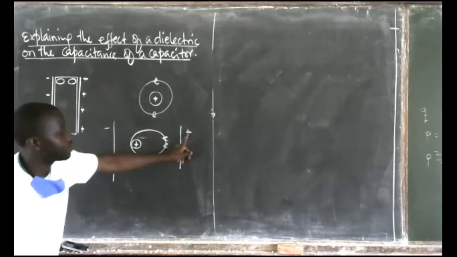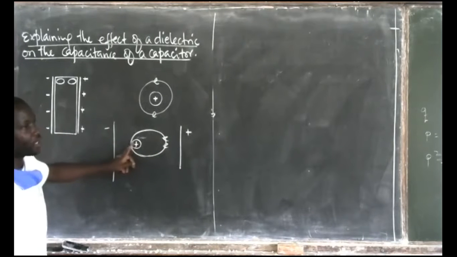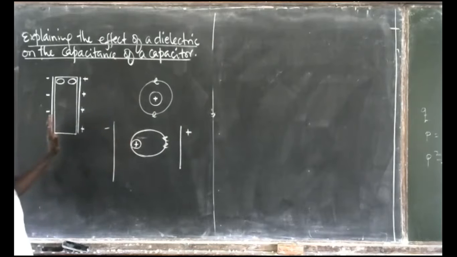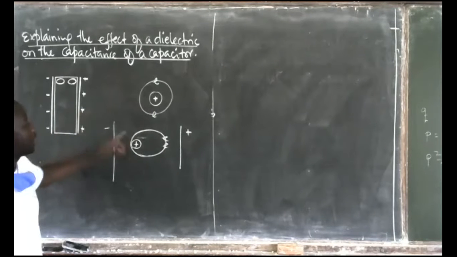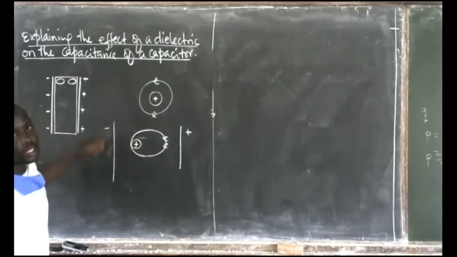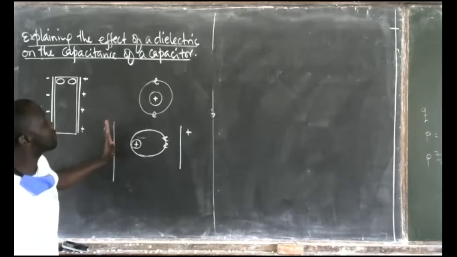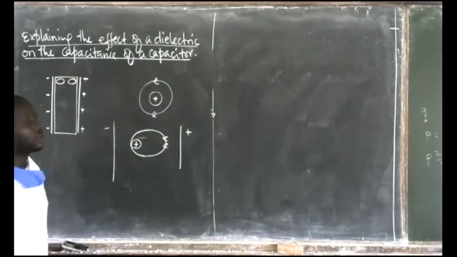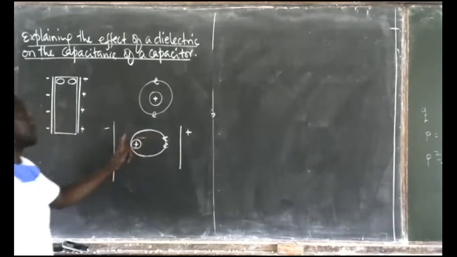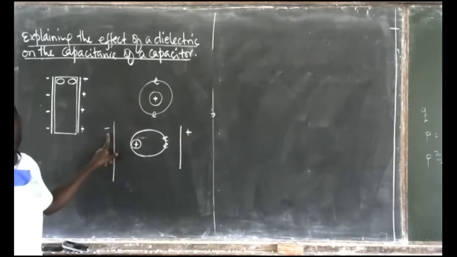The positive plate tries to repel away the nucleus which carries a similar charge. So the nucleus tends to be on one side. And then the electrons will also be repelled by the negative plate, so all the electrons go to the other side. You can explain it as being attracted to the positive or being repelled by a similar negative charge.